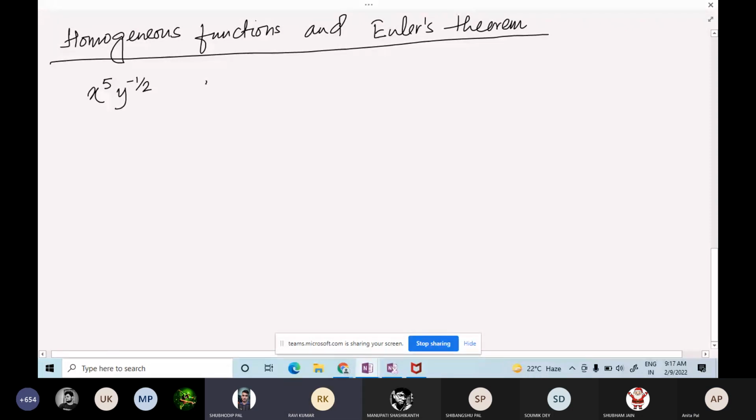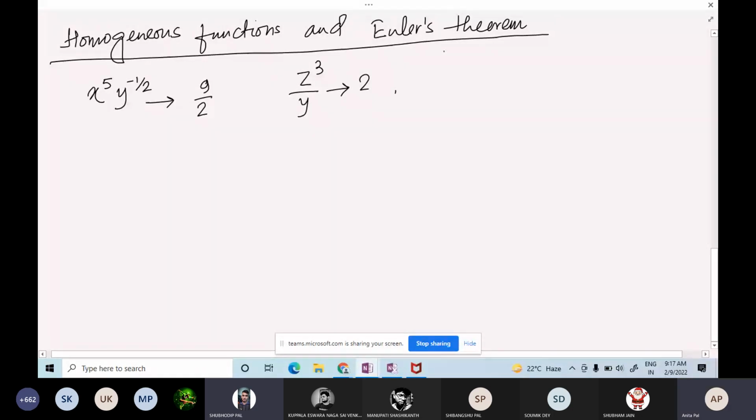If I write z cube by y, what is the degree of this term? 2. So you know what the degree of a term is. Now, which function is known as homogeneous? The one where every term of the function is of the same degree. Then we say it is a homogeneous function of that degree. Is it okay?